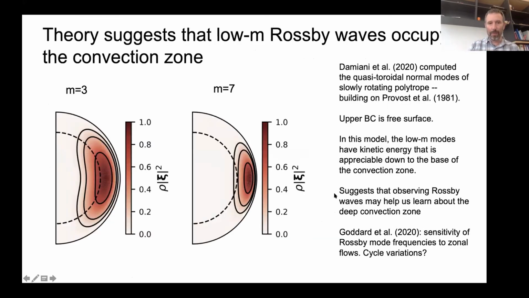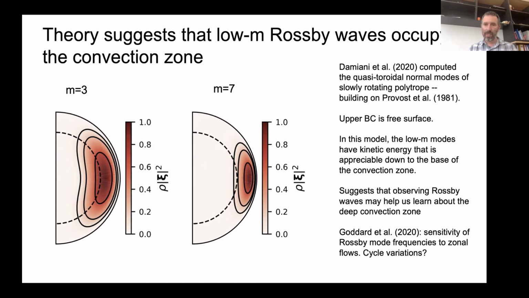So what are they? I wanted to say a little bit about the theory, even though it's not strictly a local helioseismology result, but it's important for understanding how to interpret the observations. I wanted to say a little bit about this paper from Damiani from last year.